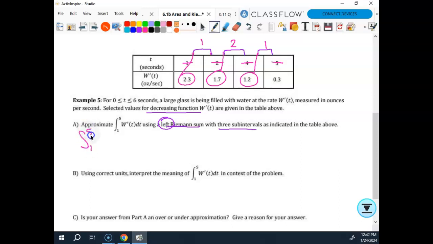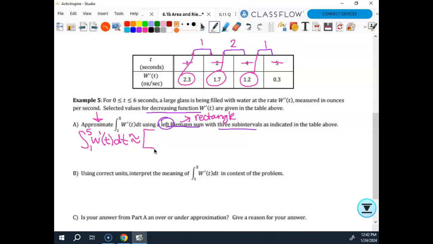The integral from 1 to 5, w prime of t dt. I'm approximating it, so it is approximately, I use my little squigglies. And Riemann, remember, means rectangle, so there's no question whether or not I'm using a trapezoid, right? It's going to be a rectangle, and it's going to be a left one. And I have 3 of them.